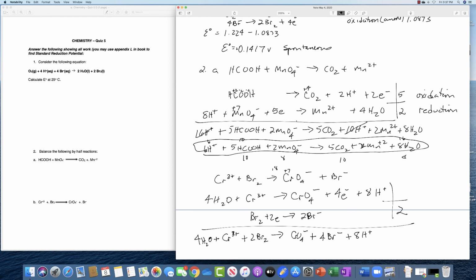Again, you can check this by looking at oxygen, they're balanced, hydrogens, they're balanced, and on top of that, your electrons are balanced. So there's the answer to the second one.